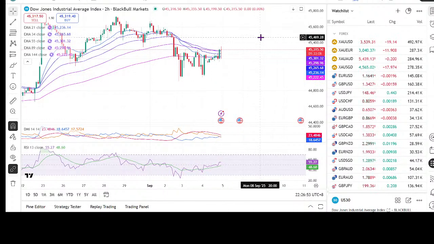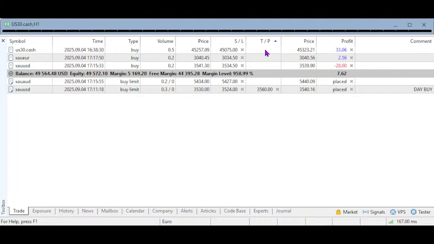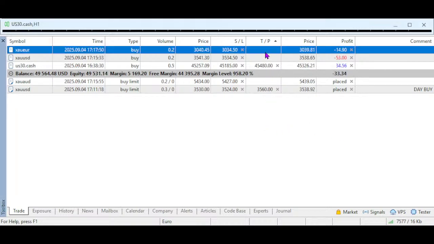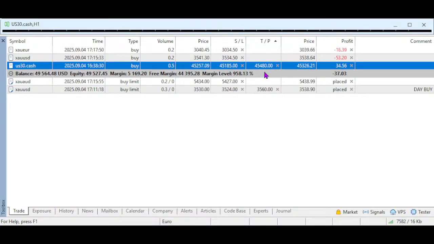So we'll put a conservative TP at 480, and the stop loss I want to raise to 185. So I've raised my stop to 185 and I put my TP at 4580.